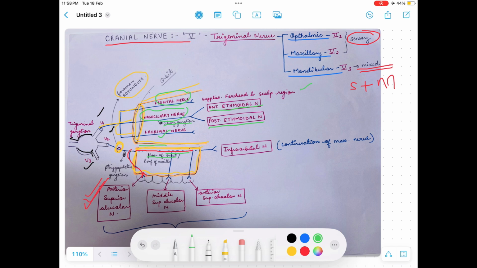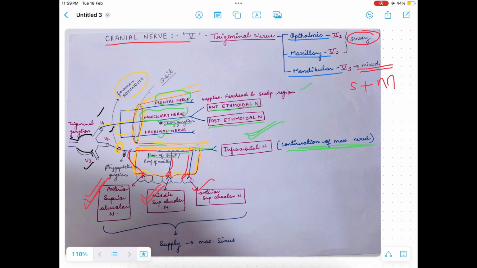The nerve passes through the floor of the orbit and this nerve is called infraorbital nerve. Infraorbital nerve is a continuation of maxillary nerve. Inside the maxilla itself, this infraorbital nerve gives two branches to the anterior teeth. First is the middle superior alveolar nerve and the other branch is the anterior superior alveolar nerve.